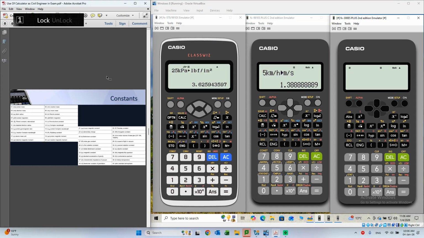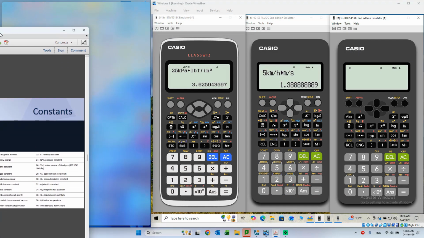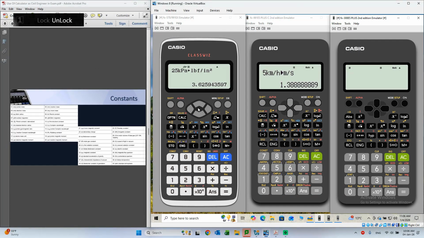This is a conversion. Constants are available, I told you, but as civil engineers, we don't usually use those. You might use them, so just make sure those are also saved constants within the calculator you have. How do we access them? We see here CONST stands for constant. If I press shift 7, I see those saved constants here.